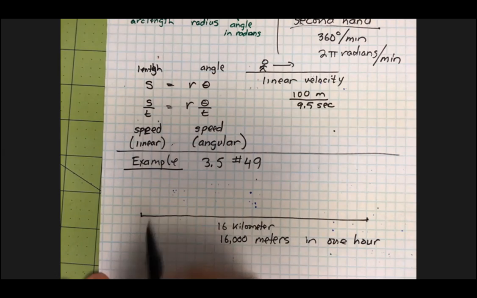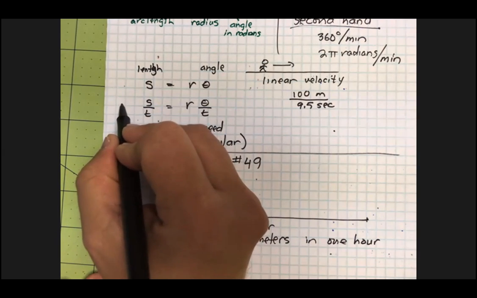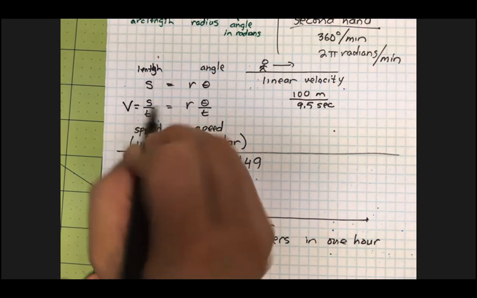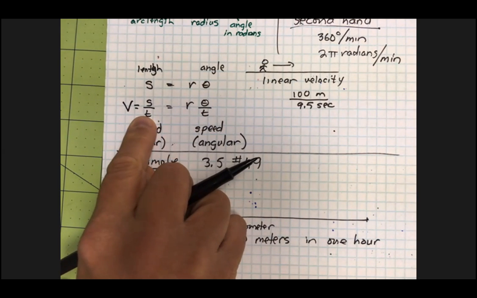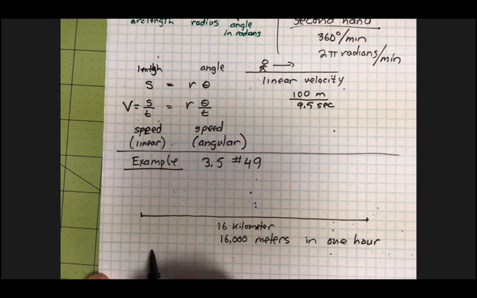So her linear speed, and we use the letter V for linear speed. V is a traditional letter used for speed. Her linear speed was 16 kilometers per hour.